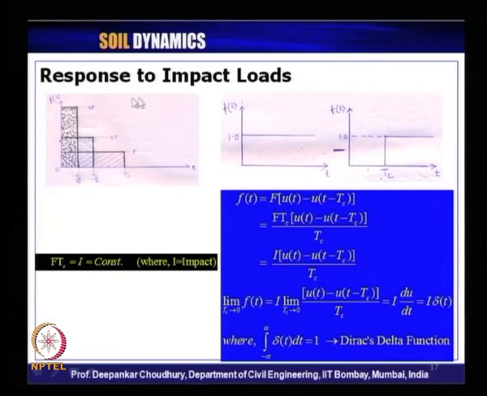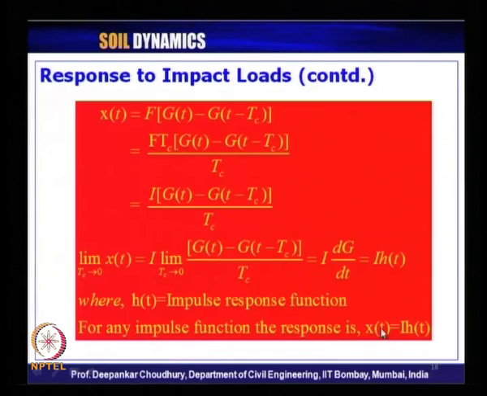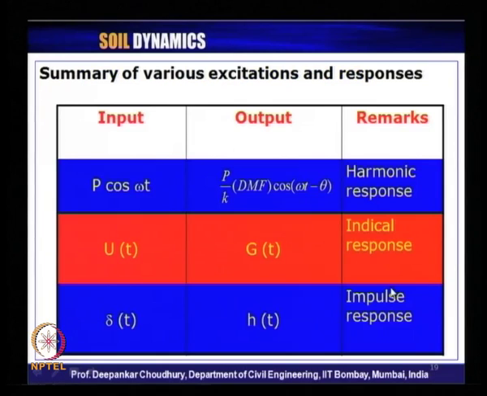And then we have seen how to consider the response of impact load, how to mention the exciting force function for an impact in terms of Dirac's delta function, and finally, the response what we get, it is called impulse response function h of t, which is nothing but the differential of the indicial response function.